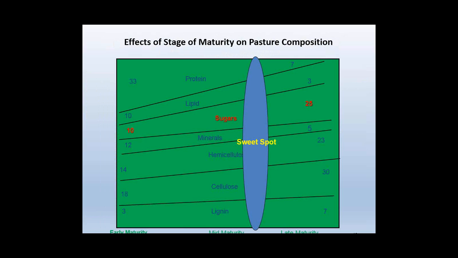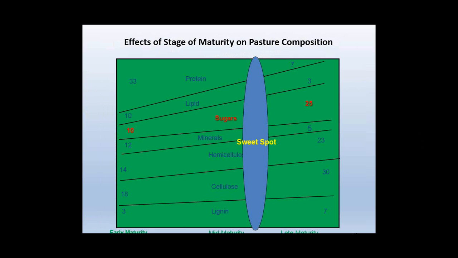Another thing that most grazers need to understand, and this is certainly something that you can help them with as grazing educators, is the stage of maturity at which they need to graze their pastures. Too often what we see around the country are producers that are grazing pastures that are too early in maturity.